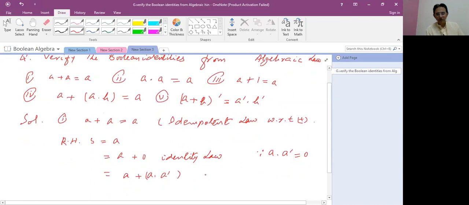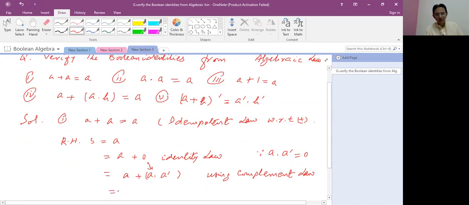So using the complement law, we replace 0 with A dot A complement, which equals 0. So we replace the term 0 with A dot A complement, and we write here A dot A complement. So we use here the complement law.